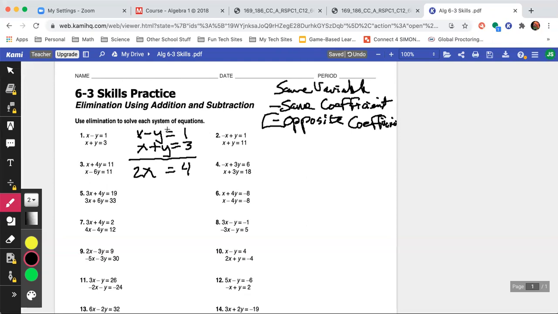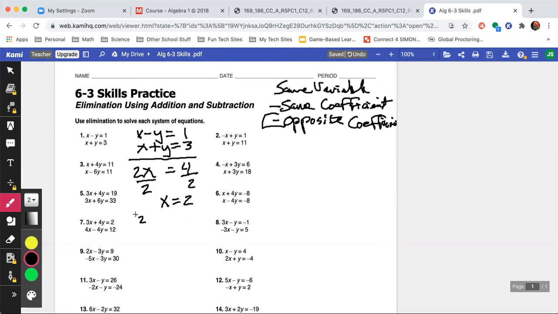And so what's happened is you've eliminated one of the variables, and you've gotten it down to one variable where you can solve for it, by dividing by 2. So then I get x equals 2. And then once you know that, you can plug it into one of the equations to find the other thing. I'll just put it in this first one.